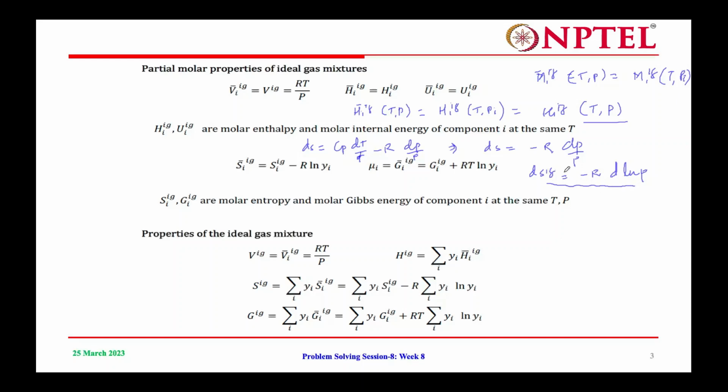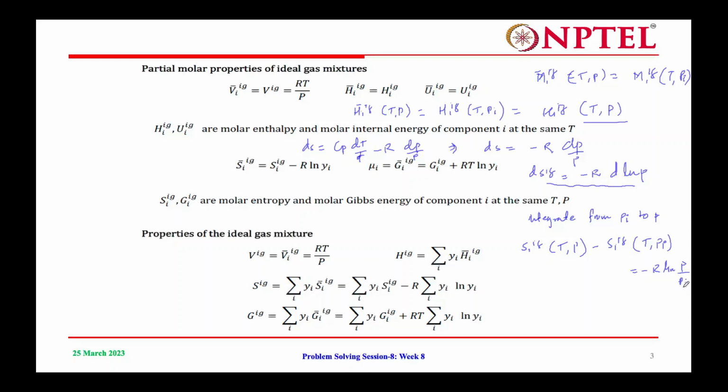Now integrate this equation from Pi to P. Then Si^ig at P minus Si^ig at Pi equals -R ln(P/Pi).